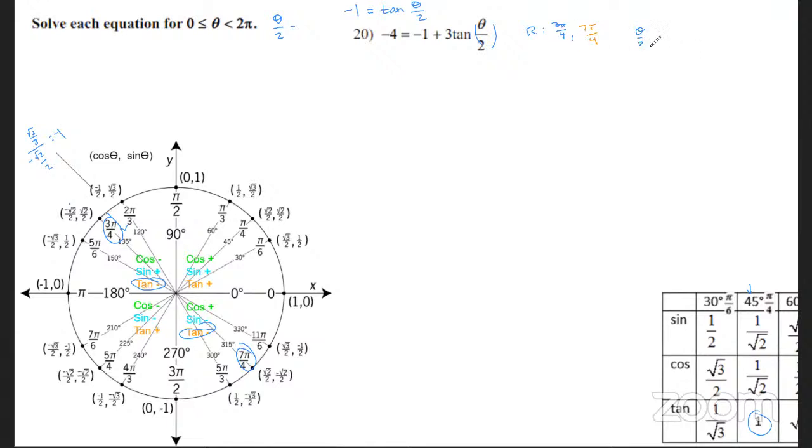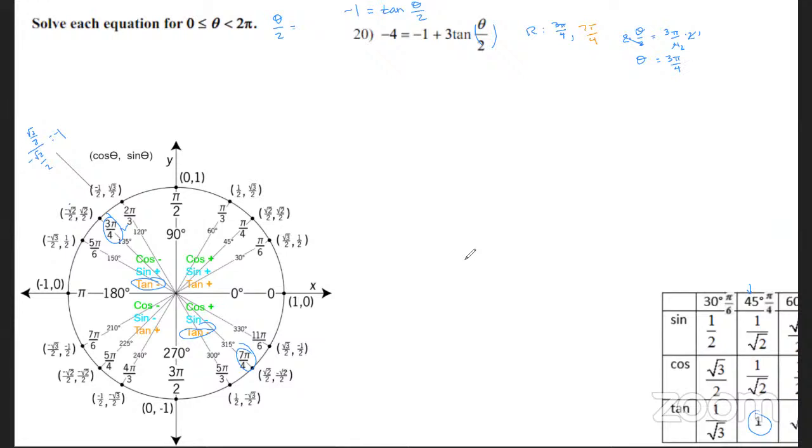So we've got theta over 2 is going to equal 3 pi over 4, and we need to solve for theta. That means we're going to multiply by 2 on both sides. And theta is going to equal 3 pi over 4. Does that fit within our range?